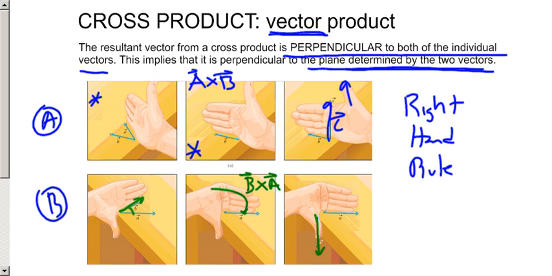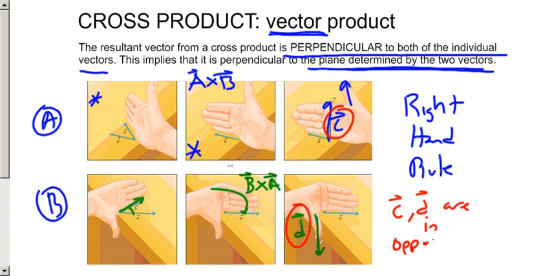So we'll call this vector D. Well, really important, how do vector D and C relate? Quite clearly, C and D are in exact opposite directions.